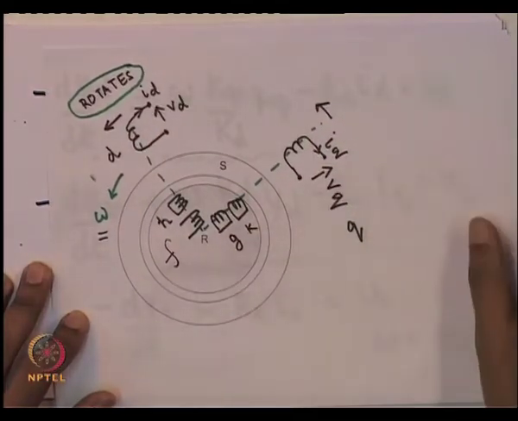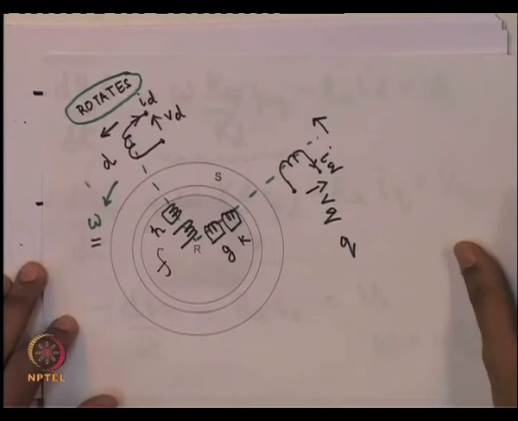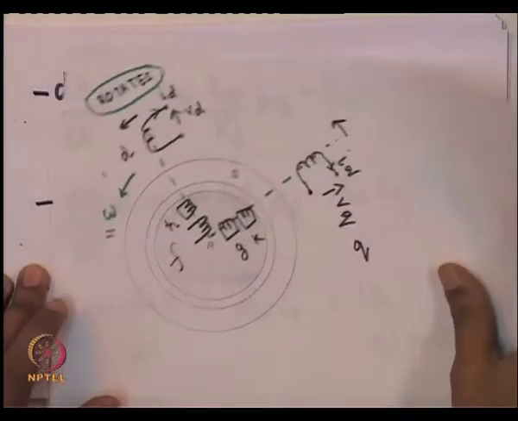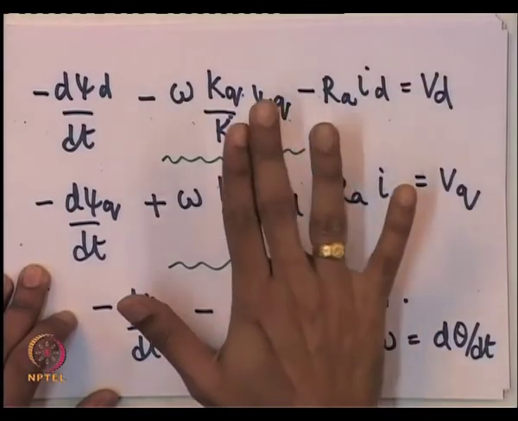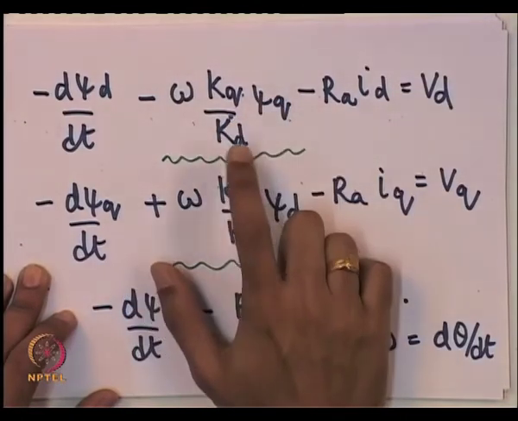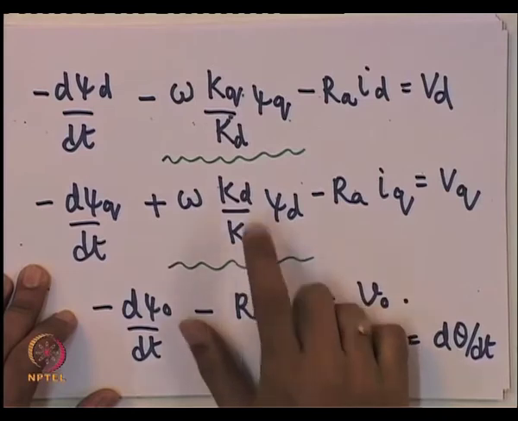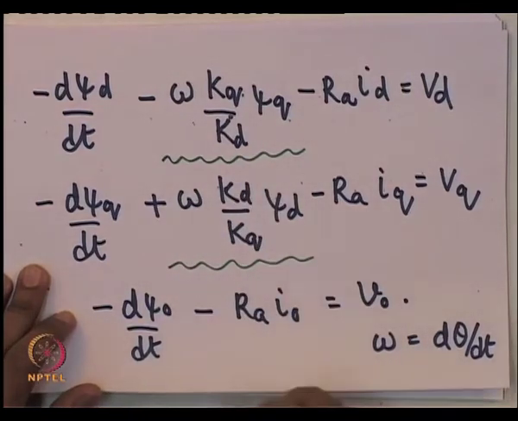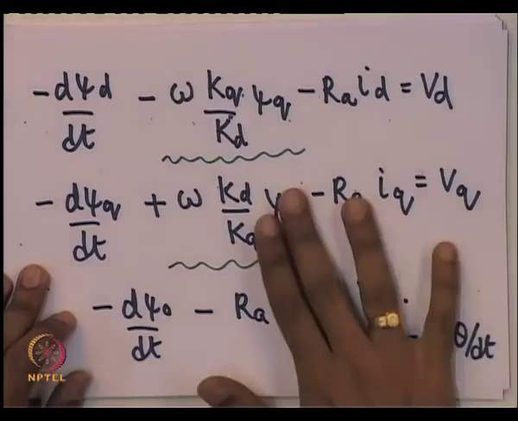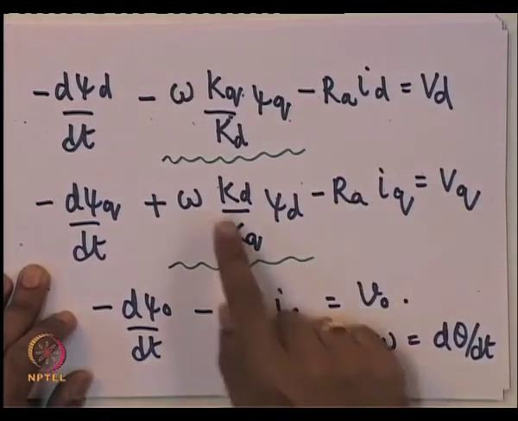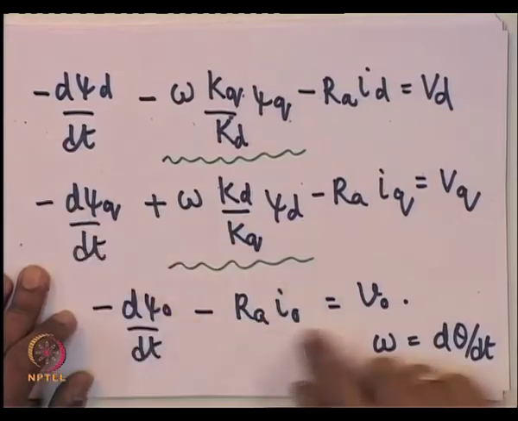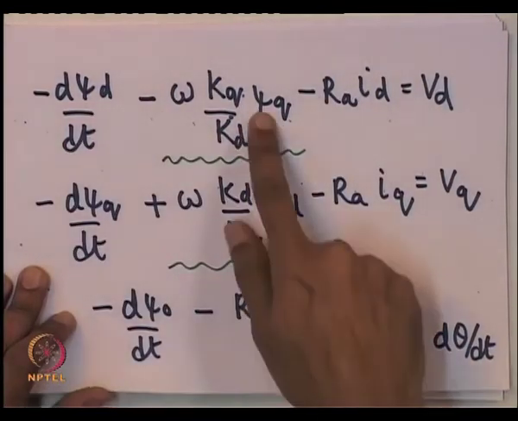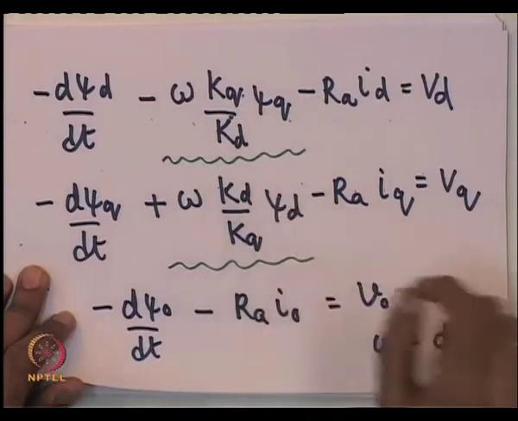So, one of the things you should keep in mind is that it is a good idea, as I mentioned in the previous class, to first work out the mathematics. The correct mathematics gives you these equations where there are extra speed EMF terms. The speed EMF terms come because we apply the derivative to the time varying transformation as well. These are the correct equations. Okay. So, please remember that there is coupling between the D and Q axis coils because of these extra speed EMF terms.